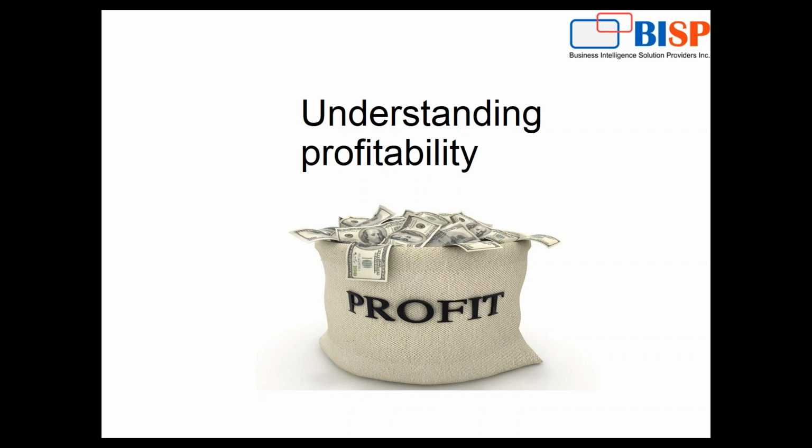There are a lot of components. There can be a revenue which is a higher number, but when it comes to profitability, we talk about what has been reduced out of that revenue amount, and then what the net profitability is.